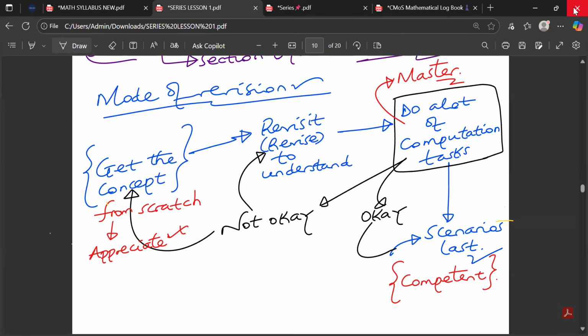Do a lot of computation tasks to master. Now handle scenarios to become competent. So for us, we are not competent. We just stopped at mastering content. But we are people who are setting scenarios. So that means we also have some bit of competence assumption. For us, we just assume we are competent.